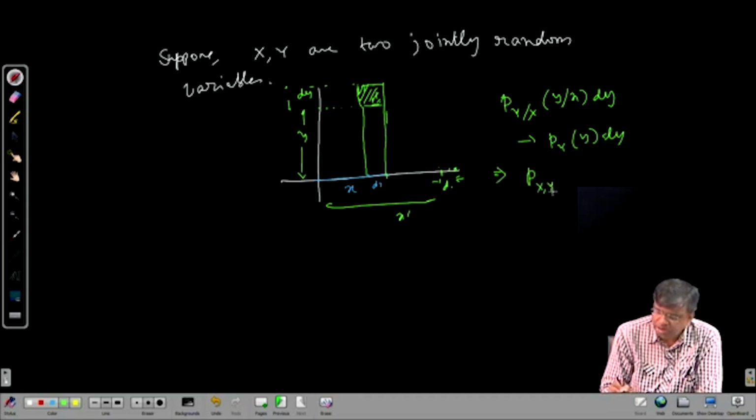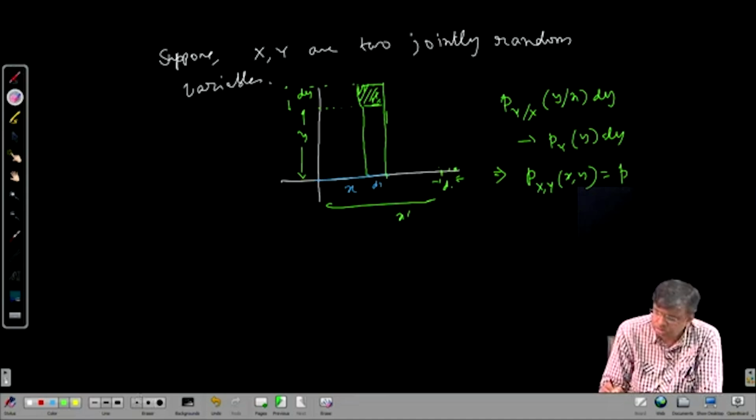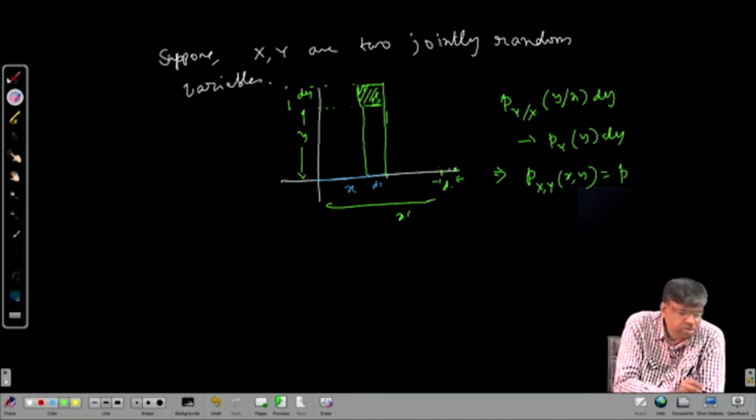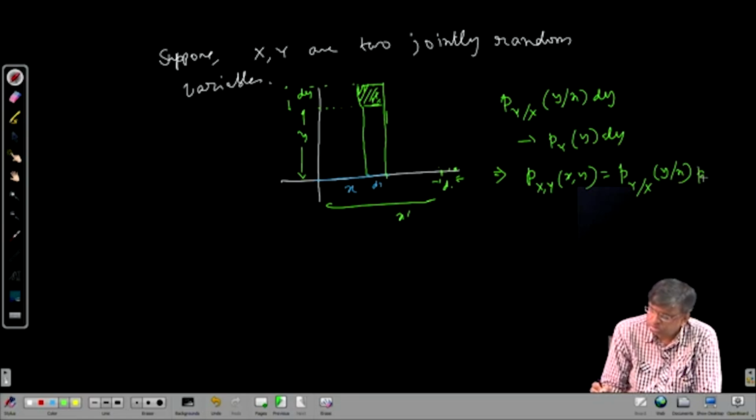P x y, as we have seen earlier, you could write with the free variable and the constraining variable capital X. So, now it will be the probability density of this.